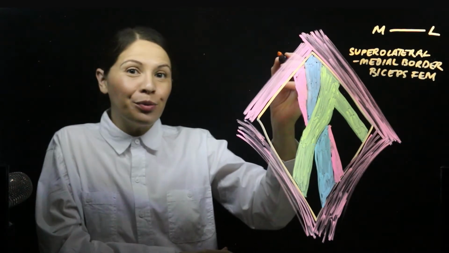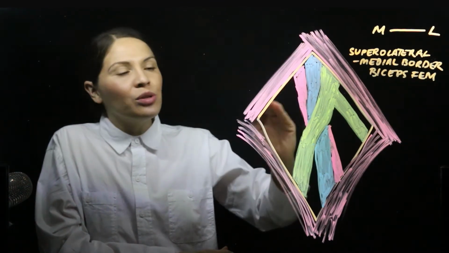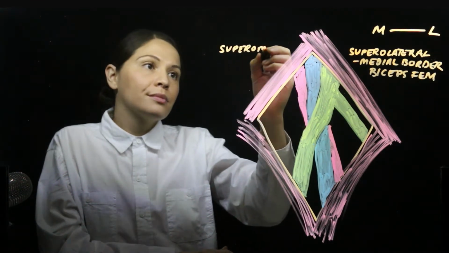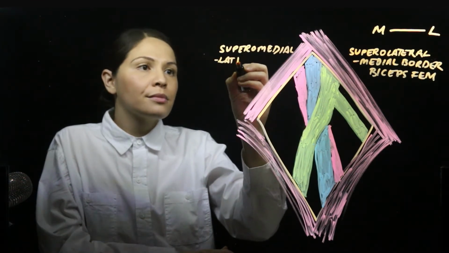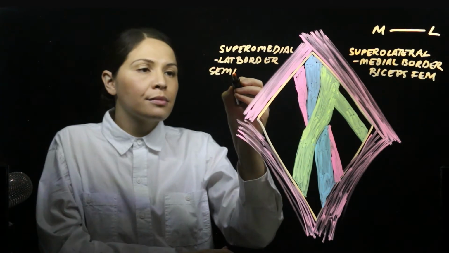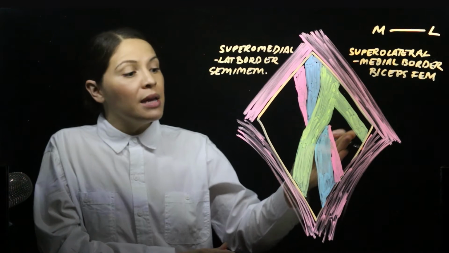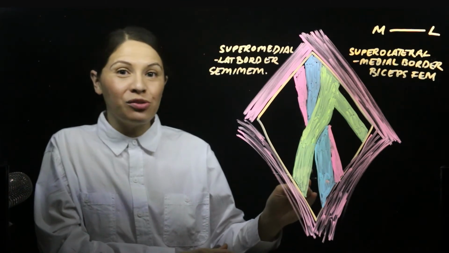The superomedial boundary is made up by the lateral aspect of semimembranosus. The inferolateral boundary is made up by the medial border of the lateral head of gastrocnemius.